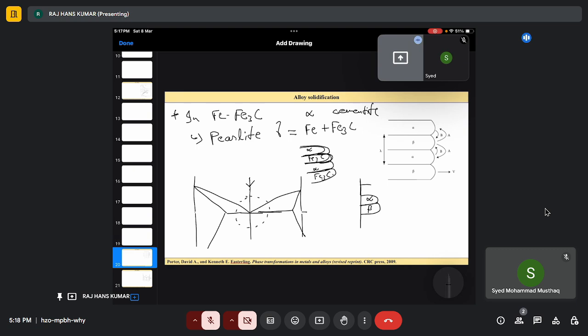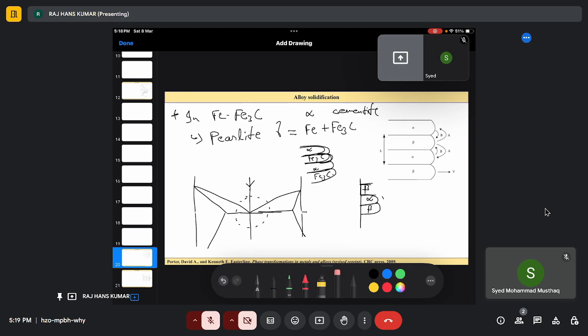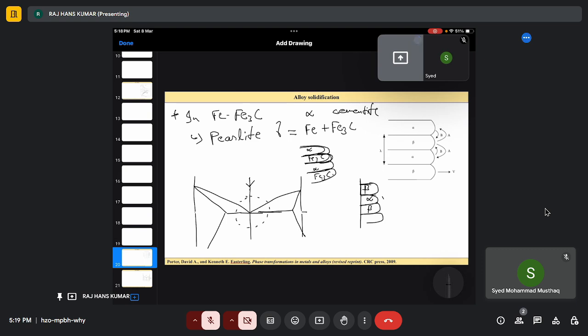So there is again a formation of beta here. Again there is a formation of beta here. Now again there will be formation of alpha because of depletion of solid atoms here, and again it will reject.